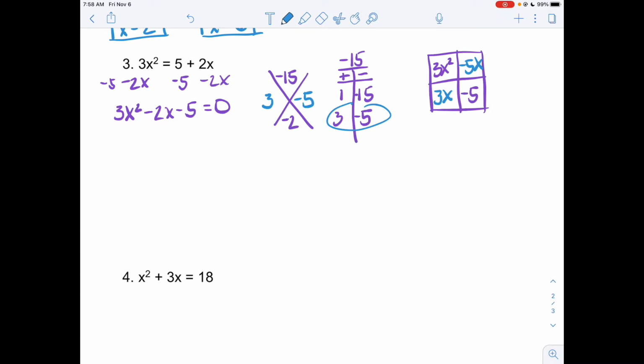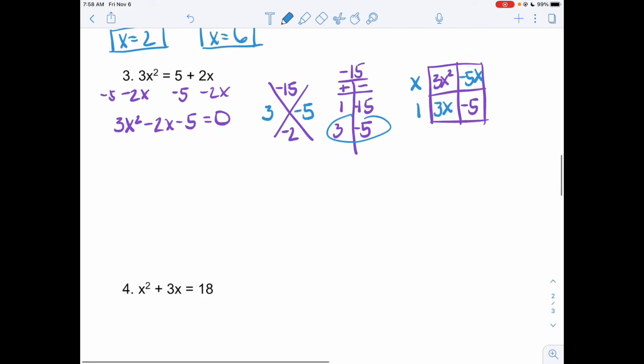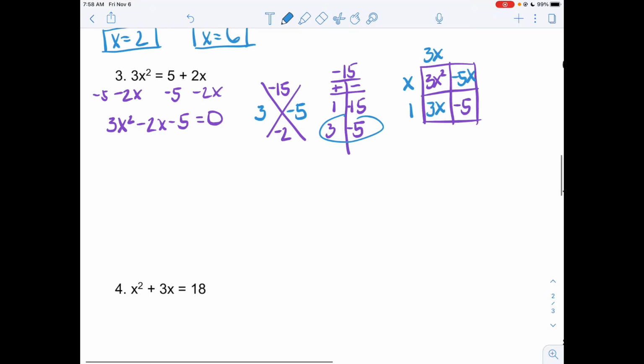So 3x squared and minus 5x, just an x. 3x and a negative 5, well, those don't have anything in common except for, I guess, a 1. 3x squared and 3x have a 3x in common. Negative 5x and negative 5 have a negative 5 in common. Again, remembering that if you have a negative in this box, we need a negative on this particular term.